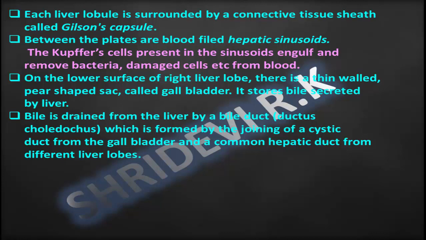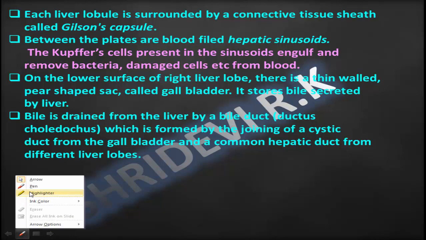Each liver lobule is surrounded by a connective tissue sheath called Glissen's capsule. What is the name for liver lobule? It is called hepatic lobule. Every hepatic lobule is surrounded by a connective tissue which is called Glissen's capsule.